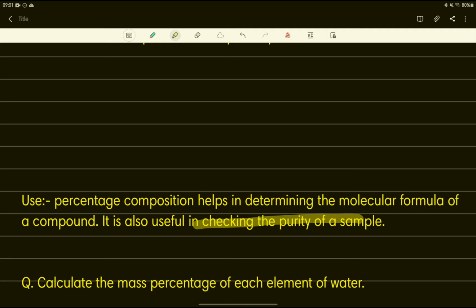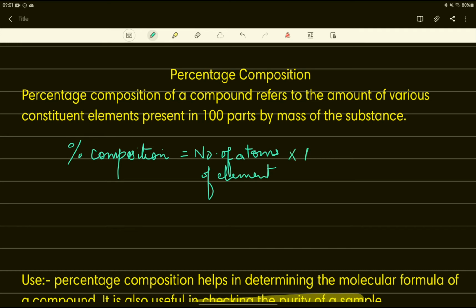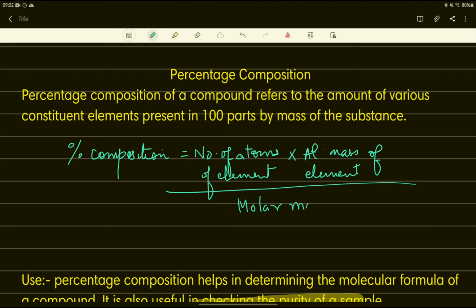Okay, so let's see how to calculate percentage composition. Percentage composition is equal to number of atoms of element into atomic mass of element, divided by the molar mass or molecular mass or formula mass, whichever is given, into 100.